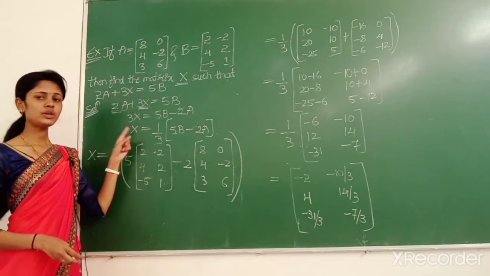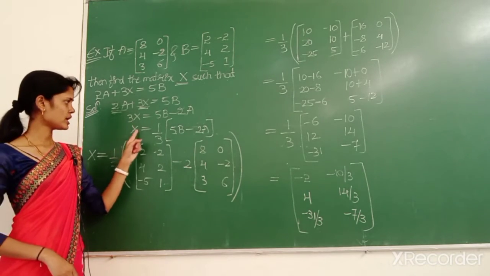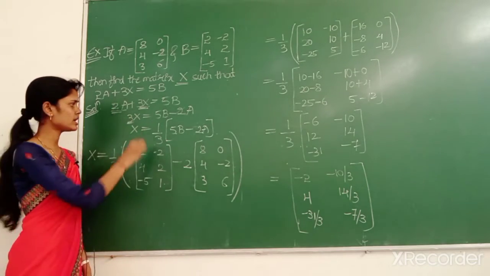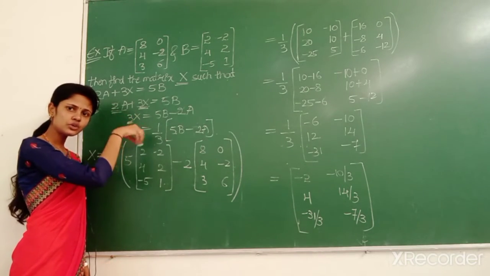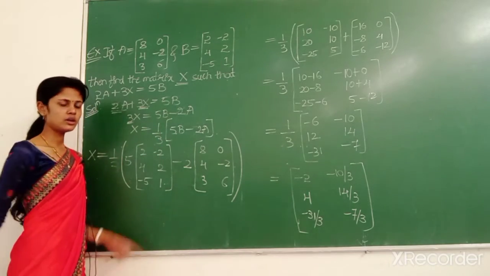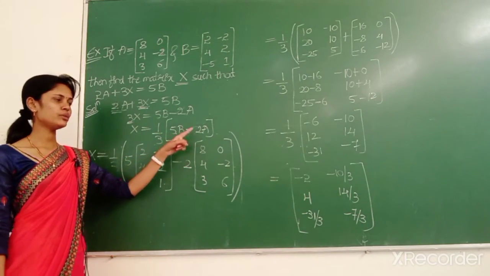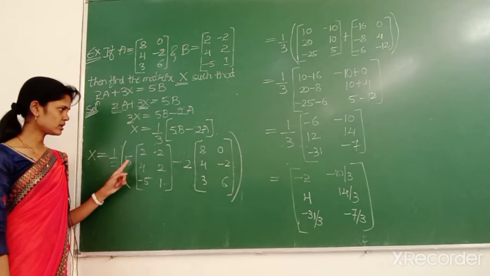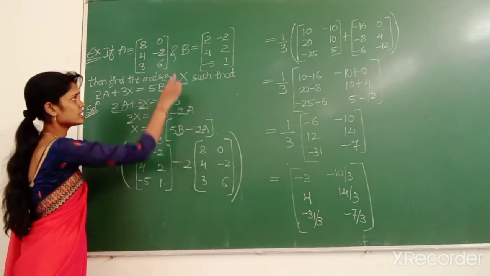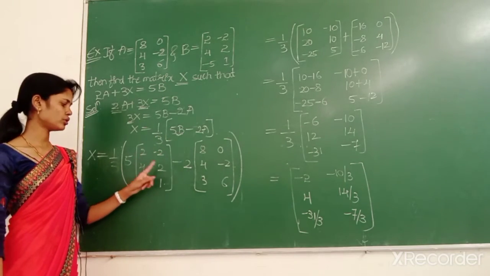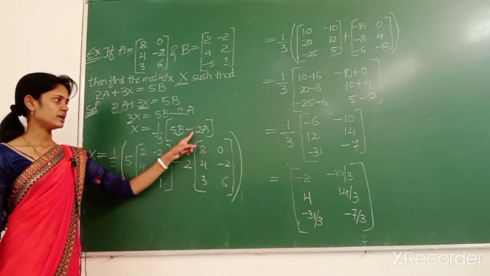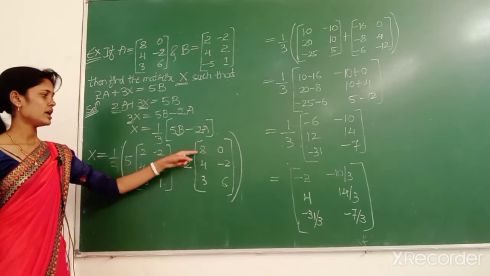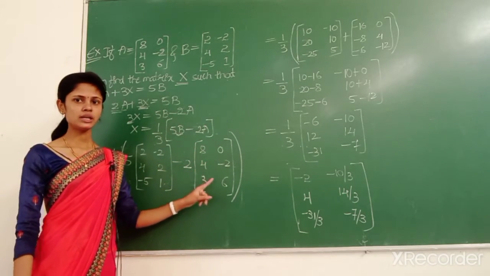We want only X, and since 3 is multiplied with X, if we take 3 to that side it will divide. So X is equal to 1 by 3 into 5B minus 2A. Then X is equal to 1 by 3, 5 into B, which is the given matrix 2, minus 2, 4, 2, minus 5, 1, minus 2A. So 2 into the given matrix A, which is 8, 0, 4, minus 2, 3, 6.